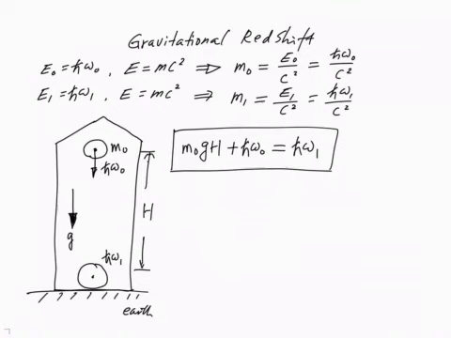If that's the case, then h omega 1 equals h omega 0 plus m0 gh. What is m0? We already know m0 is h omega 0 over c squared. And we have g and h.